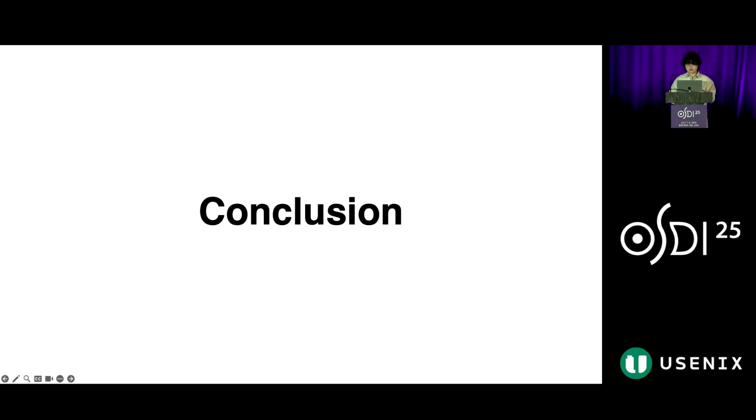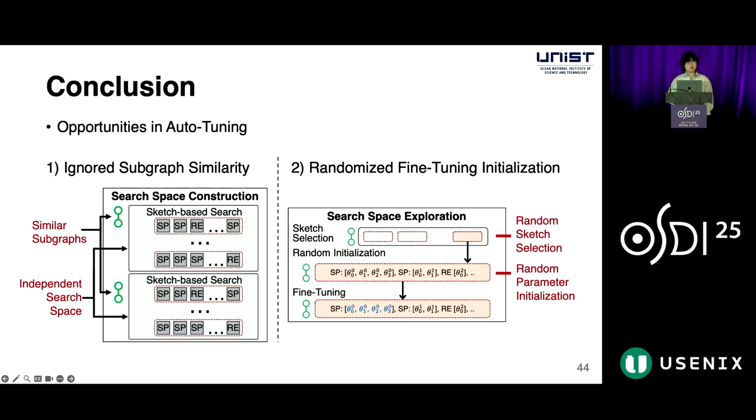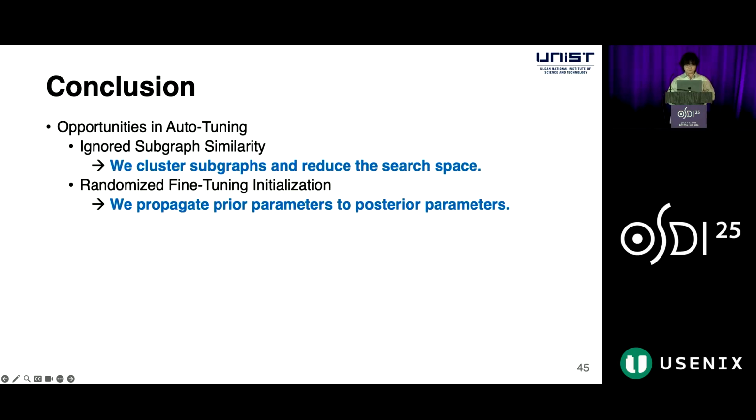Next, I conclude the presentation with a quick summary of the key points. In the beginning of this presentation, we introduced some opportunities in auto-tuning. Bayesian code diffusion helps us efficiently find high-performance code by taking advantage of these two opportunities we discussed.